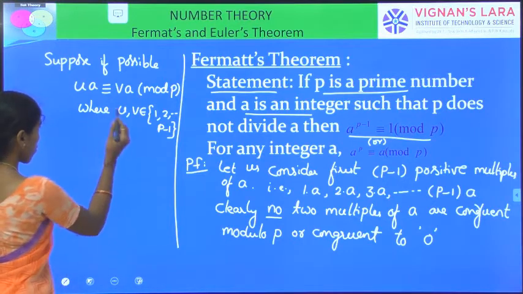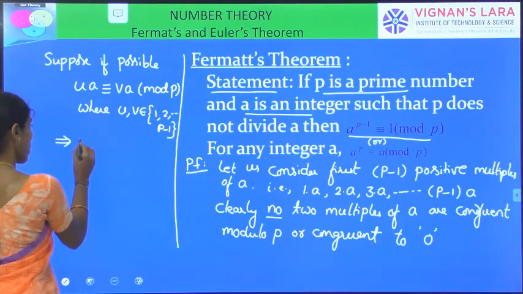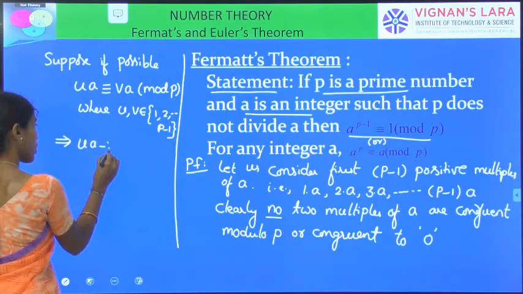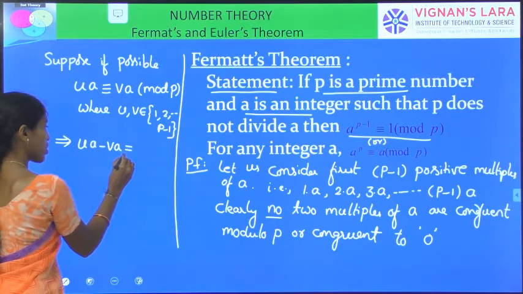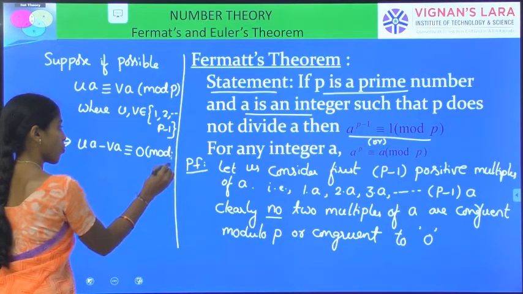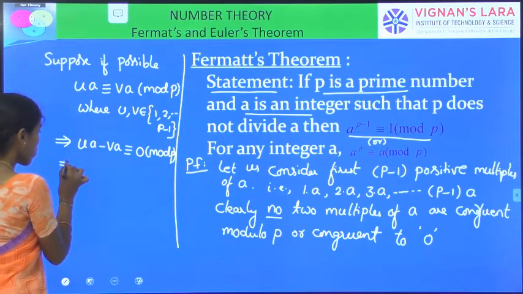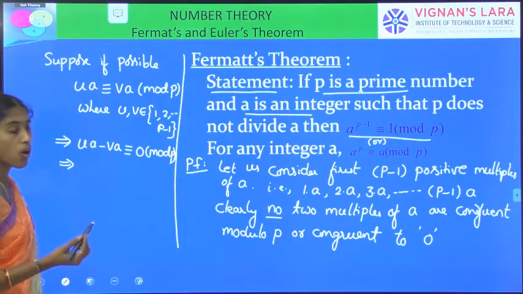If we take VA to the other side, we will get UA minus VA is congruent to 0 mod P, right?